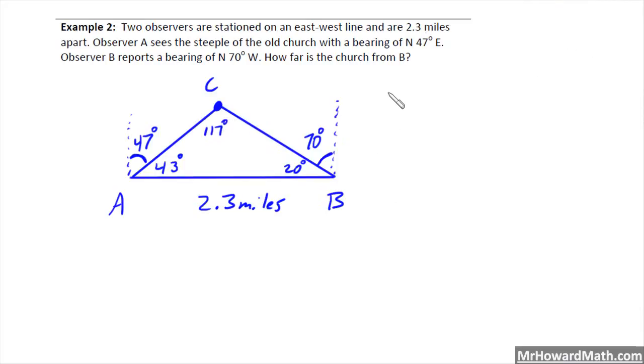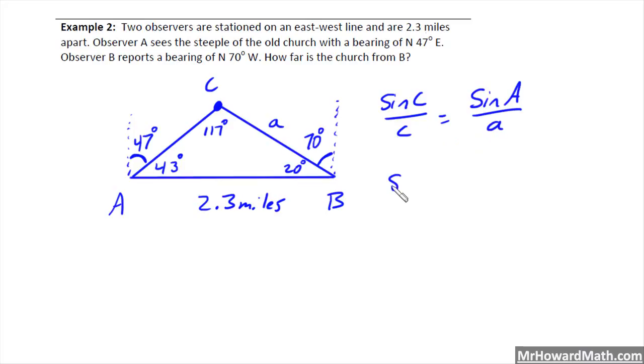So set up our law of sines. I'm going to use this. Sine of angle C over side C, because I have angle C and I have side C, so you need a complete ratio. So I have that one. And I want to find this side over here. So this would be side A, so it would be a lowercase a. So sine of angle A over side A. So those two need to be equal.